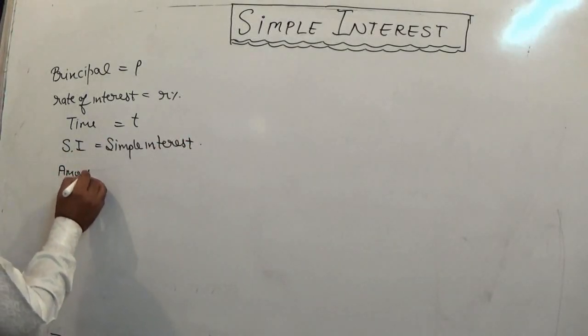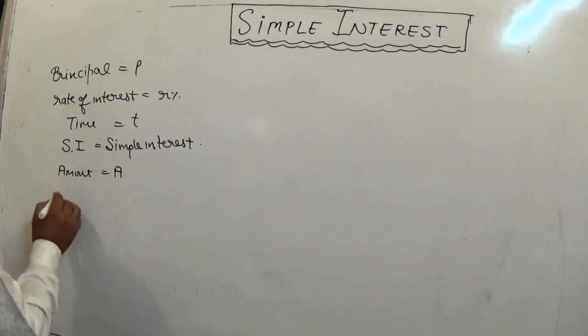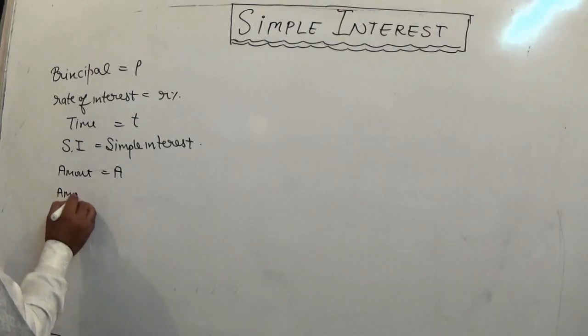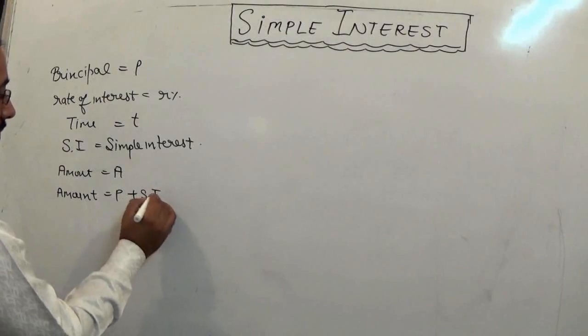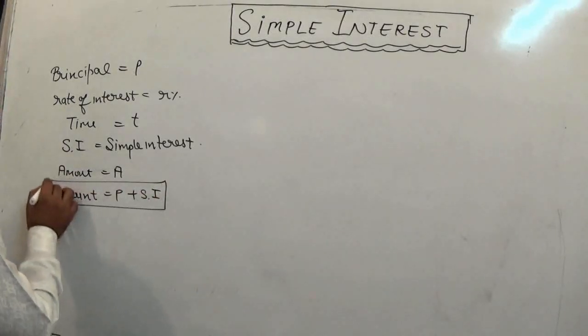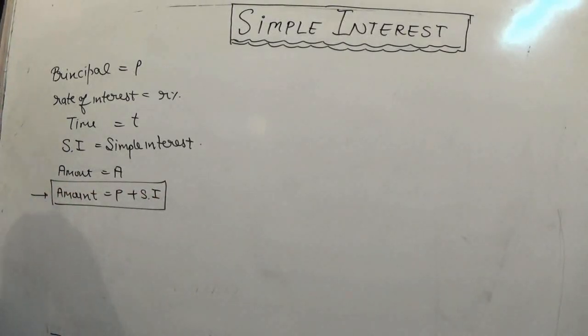Amount, which stands for A, and amount is always equal to principal plus simple interest. So these are some basic terms that we use in this topic: P, R, T, SI and A.